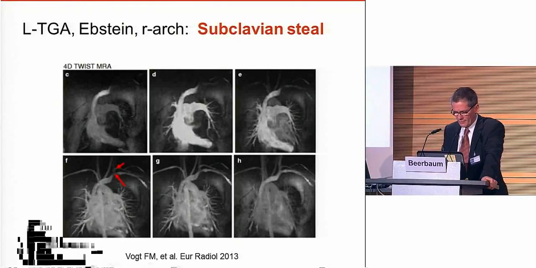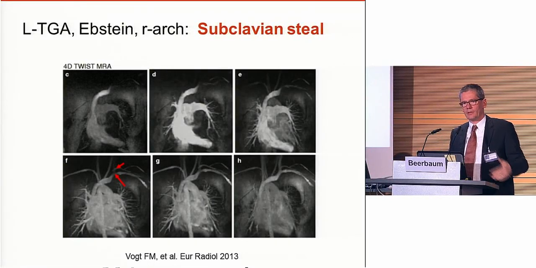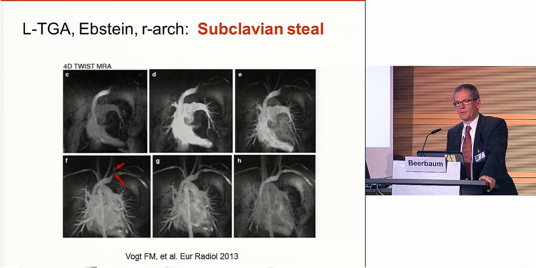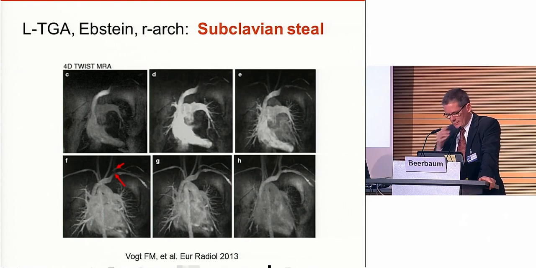So that's nice information. I quite expect that this will move into clinical practice because a lot of research interest from adult medicine is on that particular technique. That's just another patient with an Ebstein's anomaly. Again, you can see here that the left subclavian artery would not trace, really.